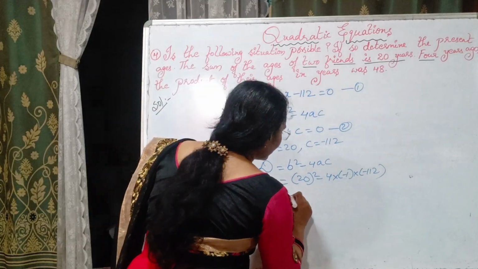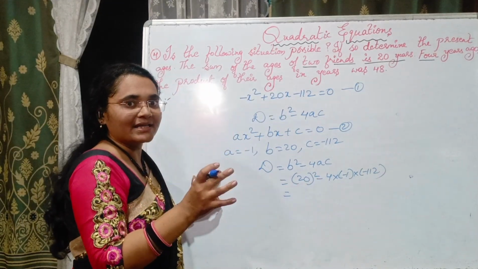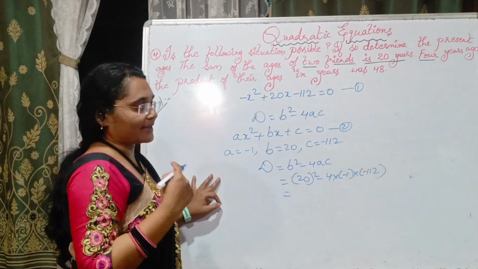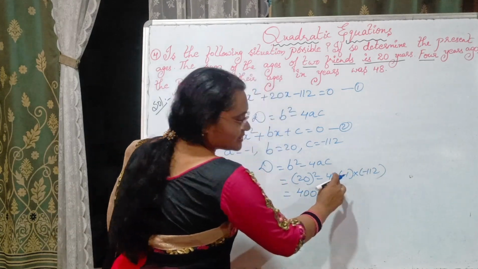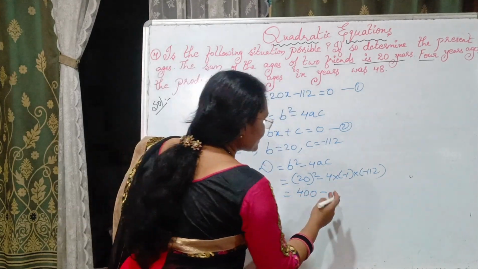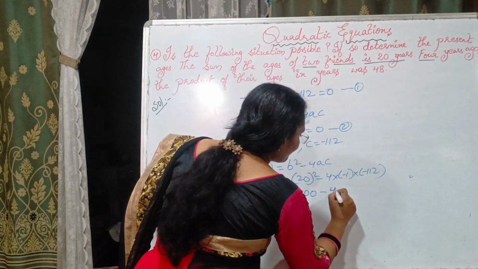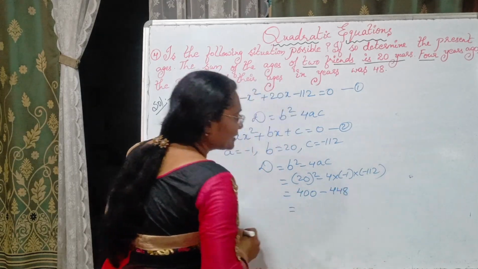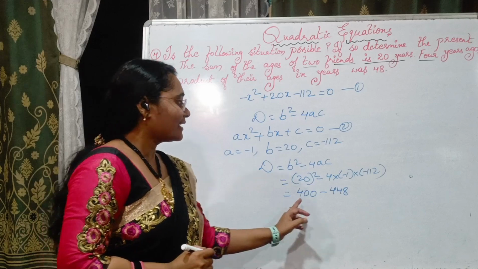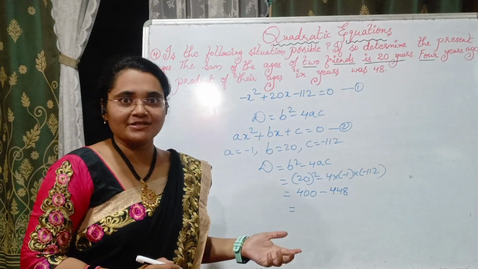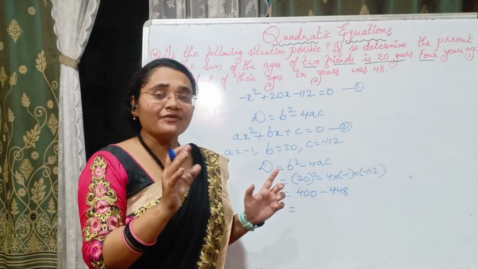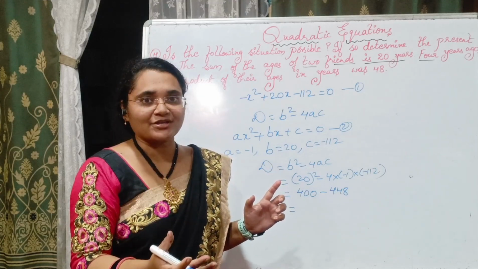Here we get 20 the whole square, which means multiplying 20 by itself two times, so 400, minus into minus is plus, plus into minus is minus, 4 into 112 is 448. Again we got one positive and one negative, so it is a subtraction. Whenever opposite symbols are there, do subtraction.